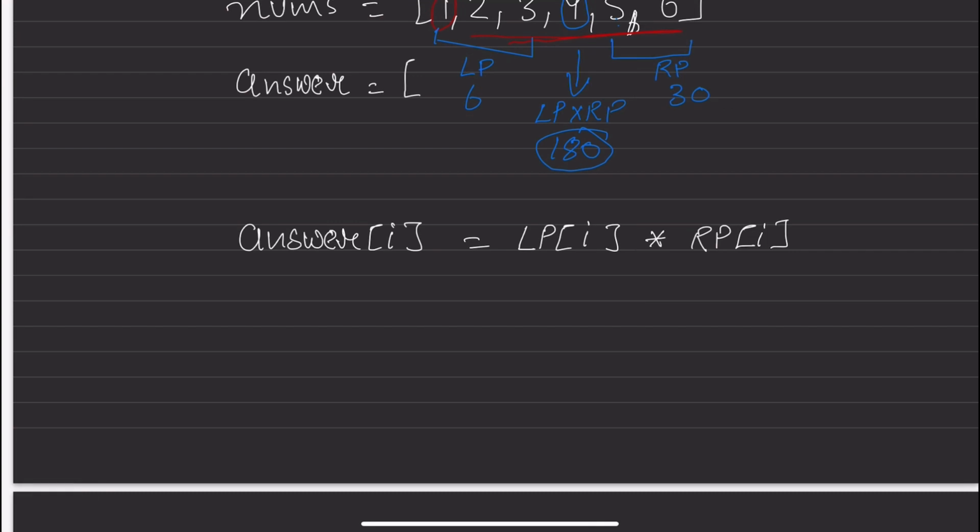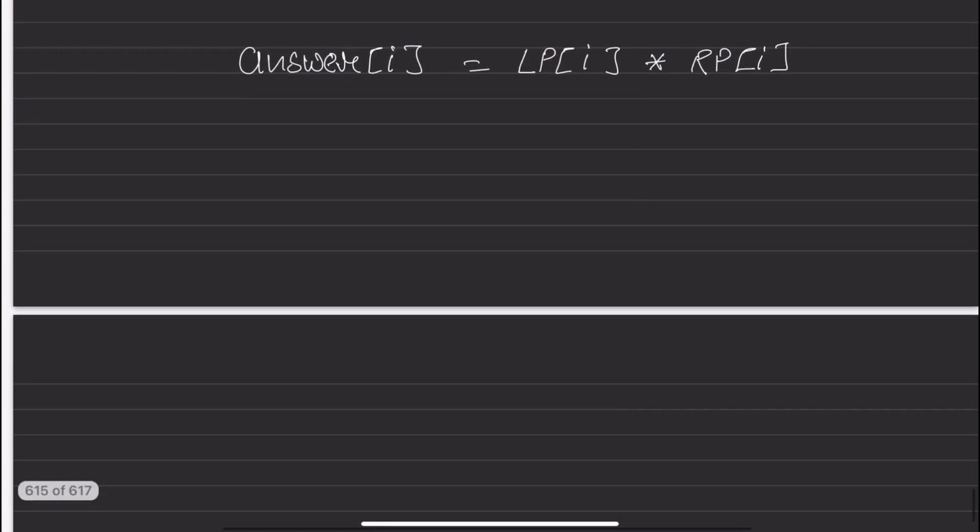So we get the formula for getting the answer. But now you think, hey, we get the answer formula, but how to find this left product and right product, and we are not allowed to use division, right? So now let's talk about the left product. First of all, what is the left product? The left product is the product of all the elements to the left of the position which we are currently on.